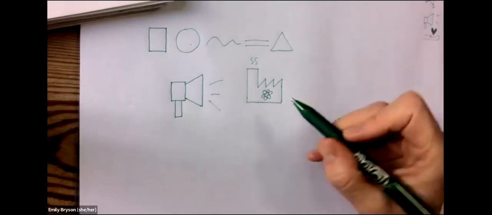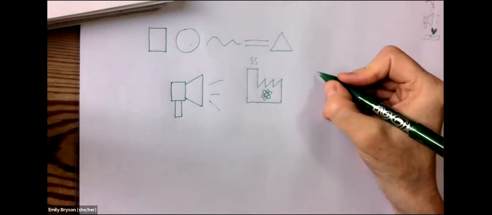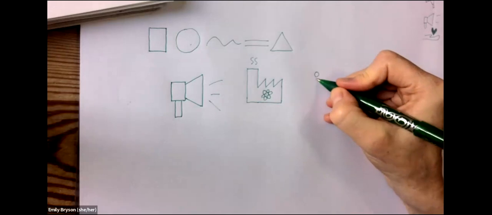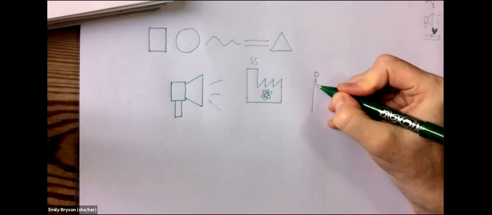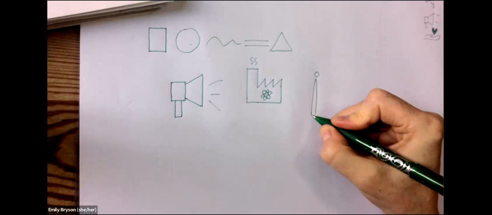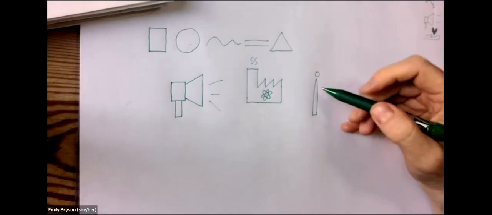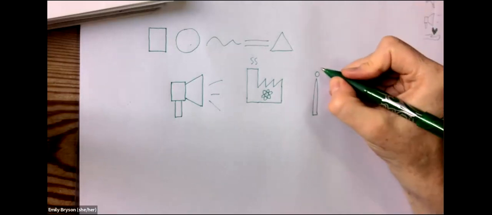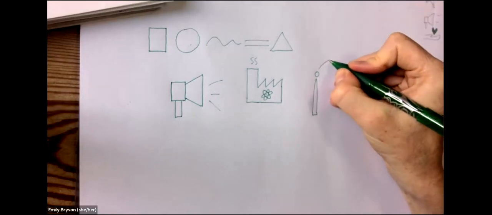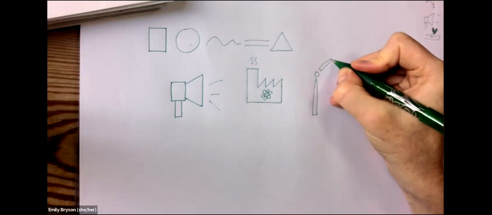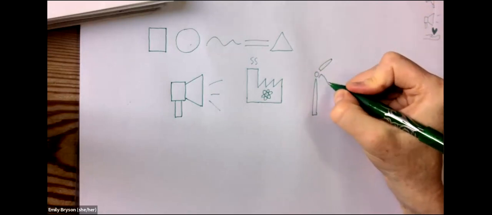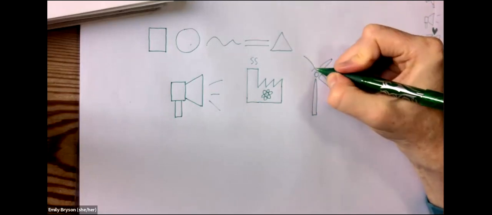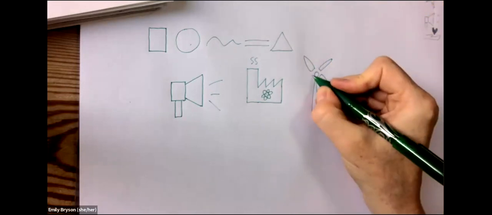Okay, so nuclear energy, and then for wind energy, I usually start with a circle, and then the tall, seem to have lost all my words today. The base of the wind farm, and then 1, 2, 3, 4 blades.